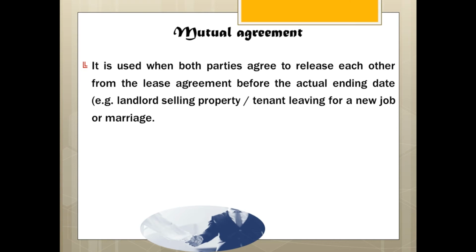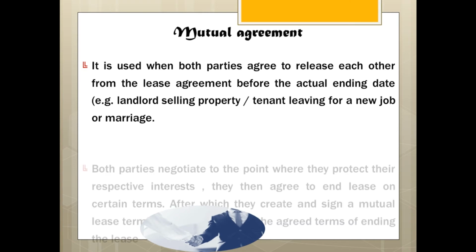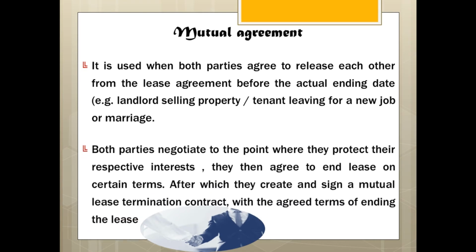So the lease agreement is terminated using mutual agreement. Both parties in this case negotiate to the point where they both protect their respective interests. They then agree to end the lease on certain terms, after which they create and sign a mutual lease termination contract with the agreed terms of ending that lease.